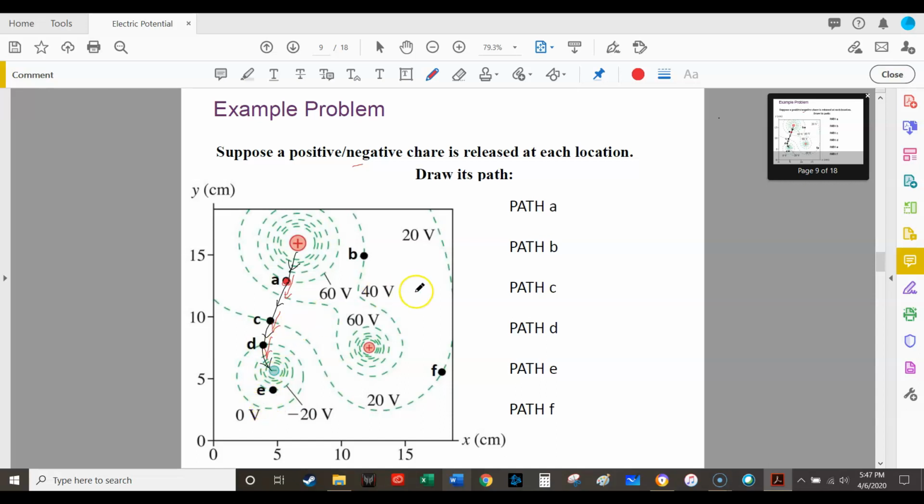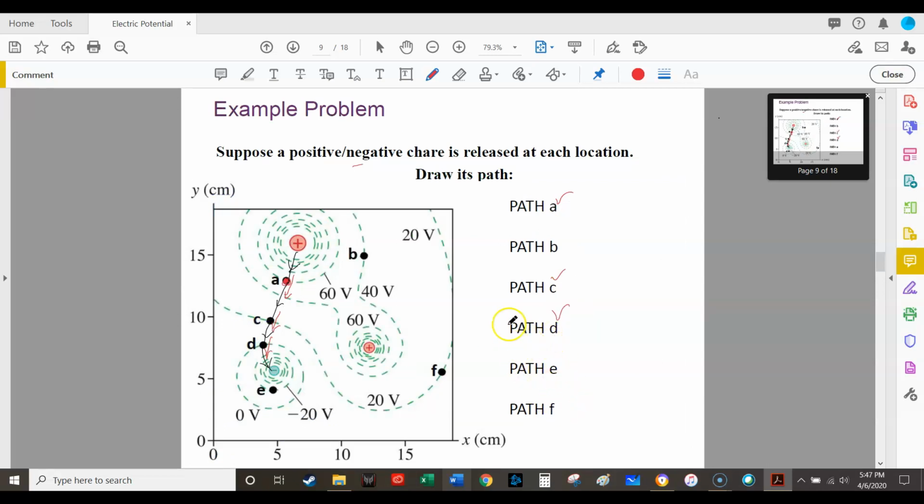Okay, so we've actually just mapped A, B, C, not B, whoops. A, C, D, and that's it.